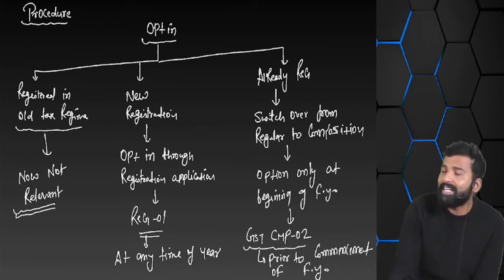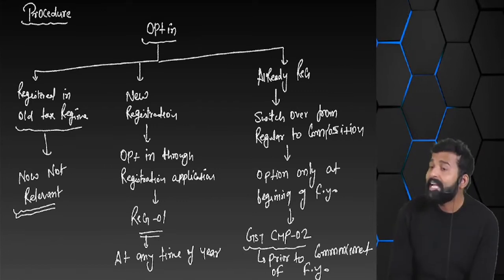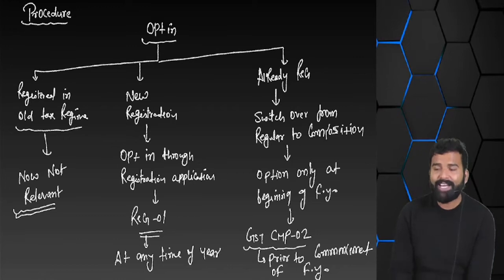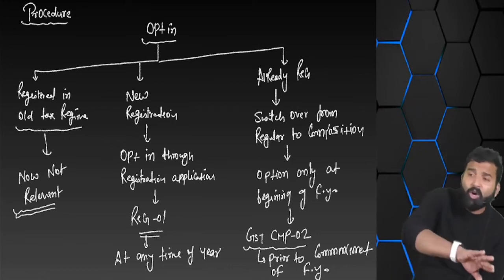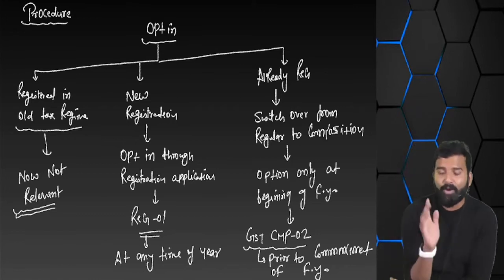They were already registered as a regular person, and now they are converting themselves into the composition scheme. First of all, switching over is only possible from the beginning of the financial year. You cannot switch from a regular person to the composition scheme at any point of the year.